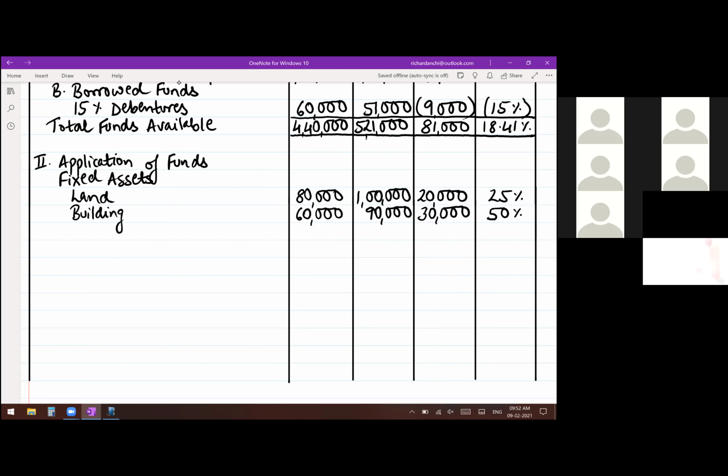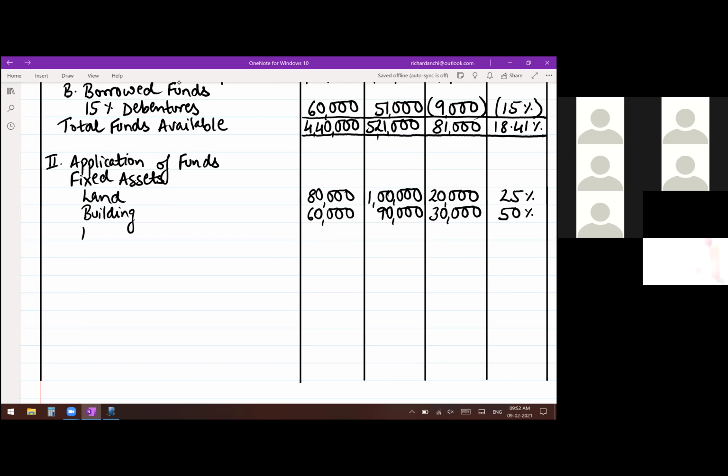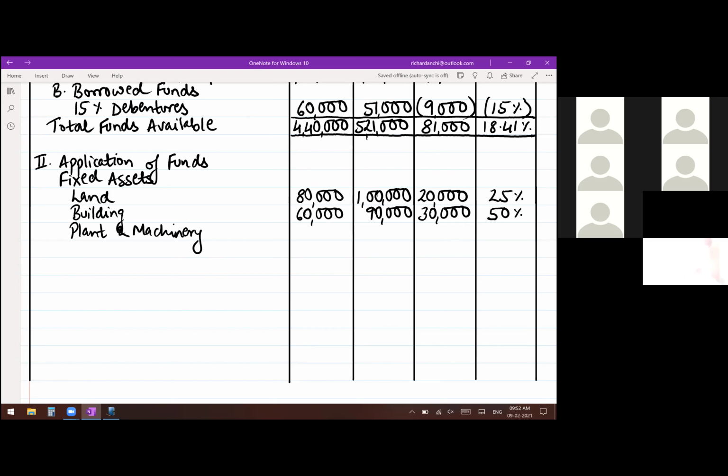Continue. One more item is there, and that is plant and machinery. Plant and machinery for 2018, 73,000. For 2019, it is 1,73,000.